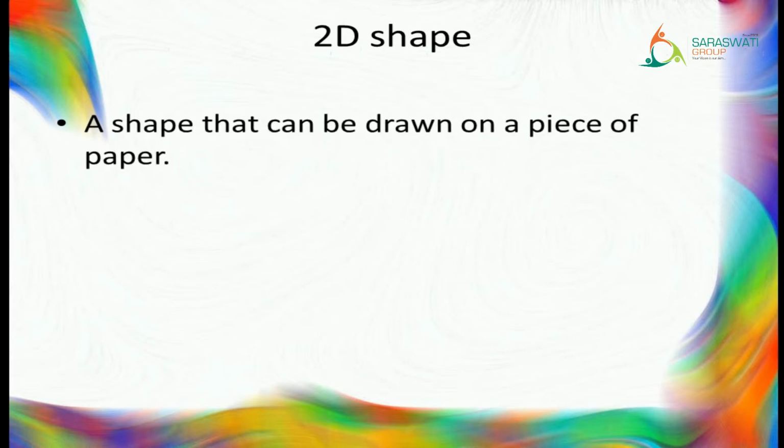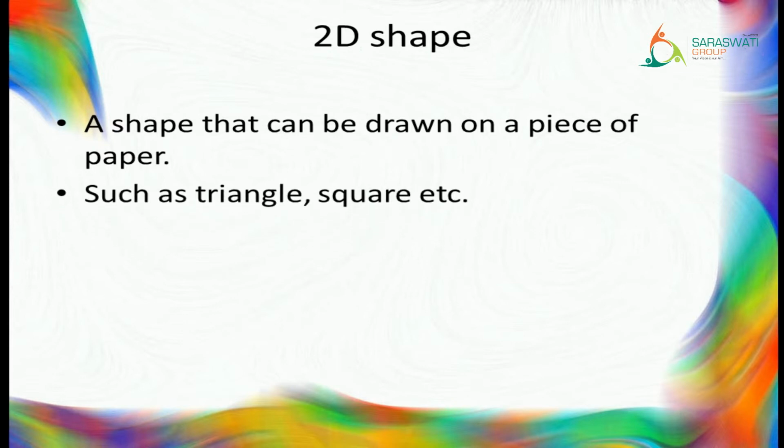A shape that can be drawn on a piece of paper, right? Like a circle you can draw, triangle you can draw, square you can draw, right? Rectangle, and many more things. A simple shape which you can draw easily.